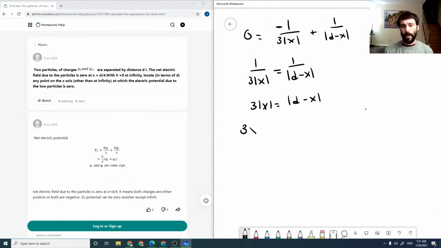So this is true wherever 3x is d minus x, or where 3x is minus d minus x, or x minus d. If d is equal to 4x, or x equals d over 4, then it equals 0. So we knew this one.